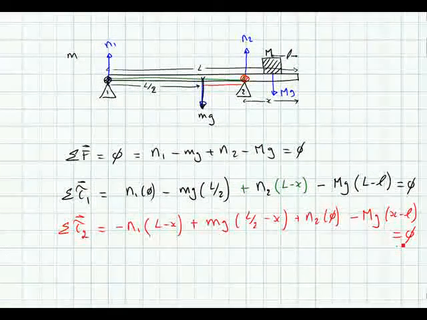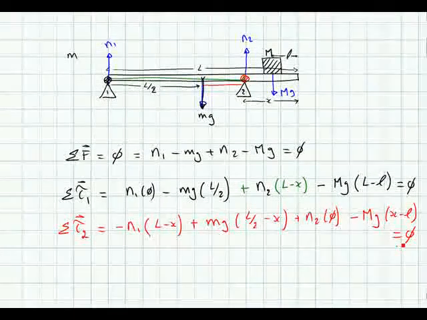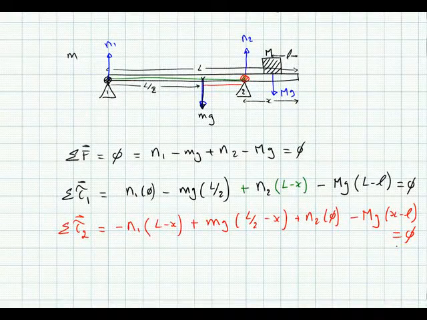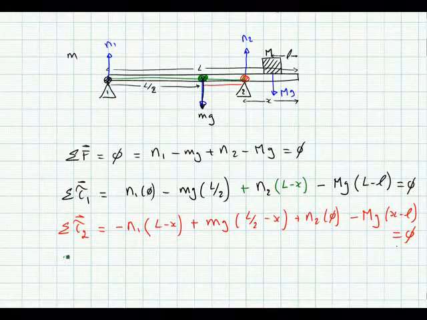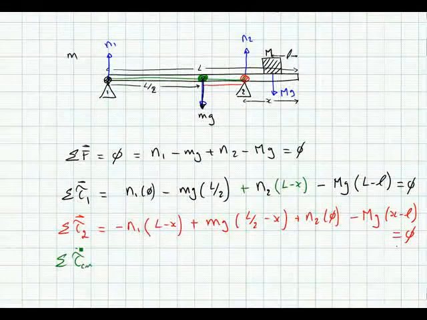If I need to set up yet another equation, then I can, for example, choose the center of gravity of the beam as the pivot point.